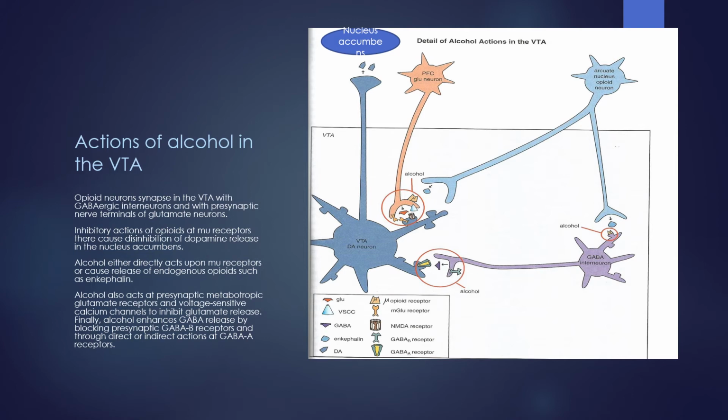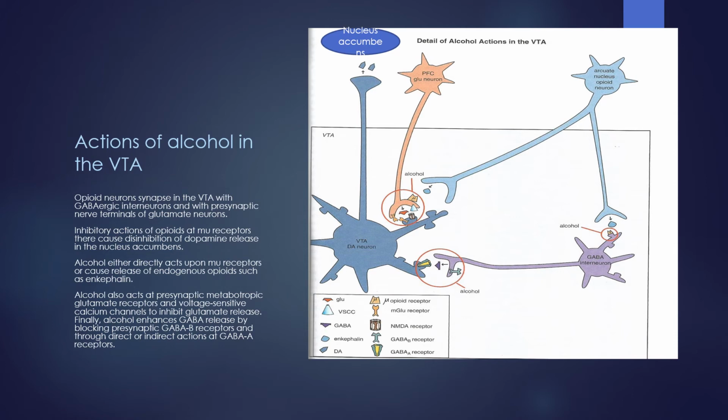Now they send connections to the ventral tegmental area, and within the ventral tegmental area they connect with dopamine neurons, and when they synapse with these dopamine neurons, they have certain receptors on their presynaptic neuron, which is the glutamate neuron.